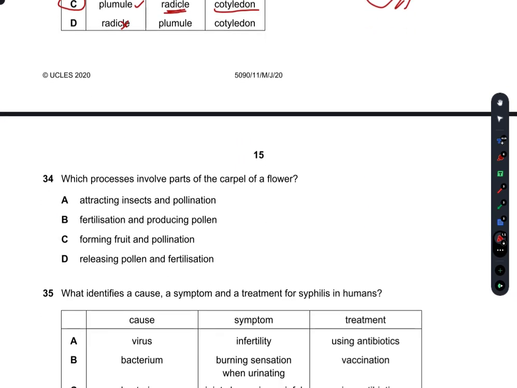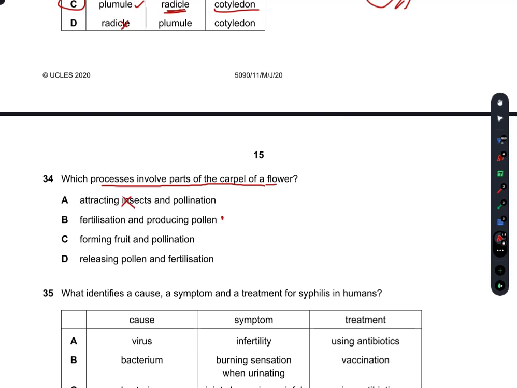Which process involves part of the carpel of a flower? Attracting insects does not require the parts of the carpel of a flower to take part. Fertilization and producing pollen, I'm not sure about this one.